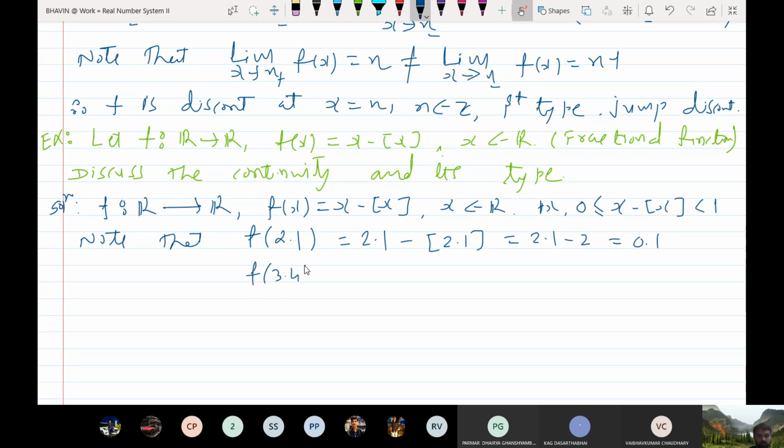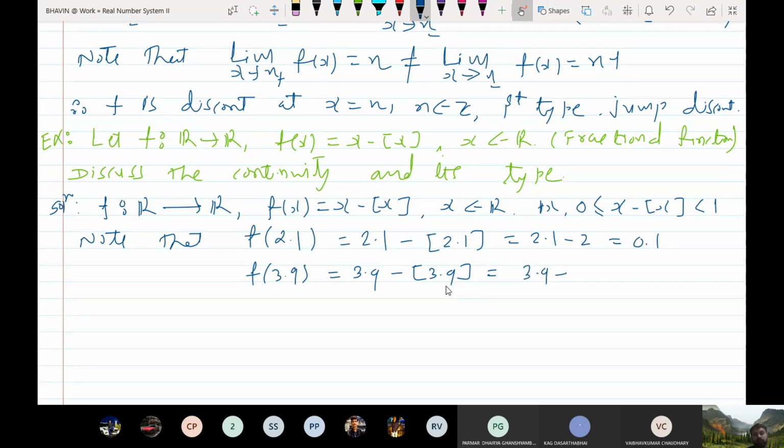F of 3.9 is equal to 3.9 minus bracket 3.9.